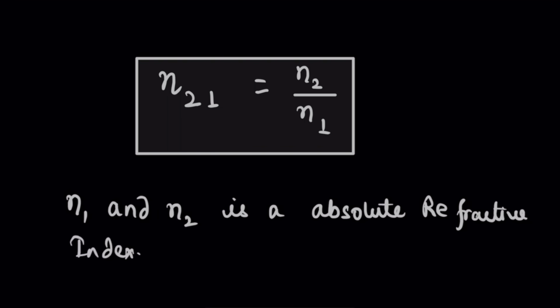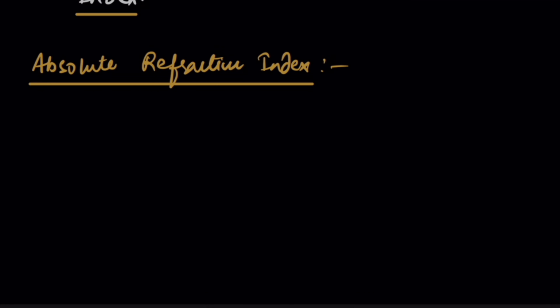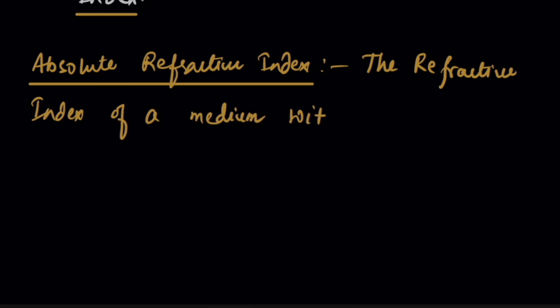We know that n21 is the refractive index of medium 2 with respect to 1. But what is absolute refractive index? Absolute refractive index is defined as the refractive index of a medium with respect to the vacuum.